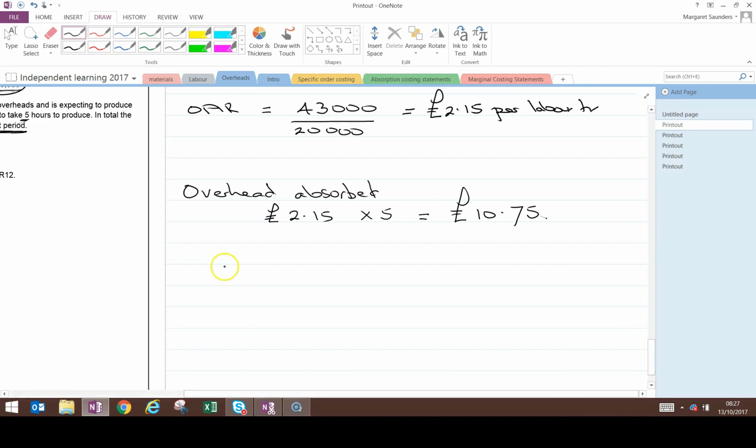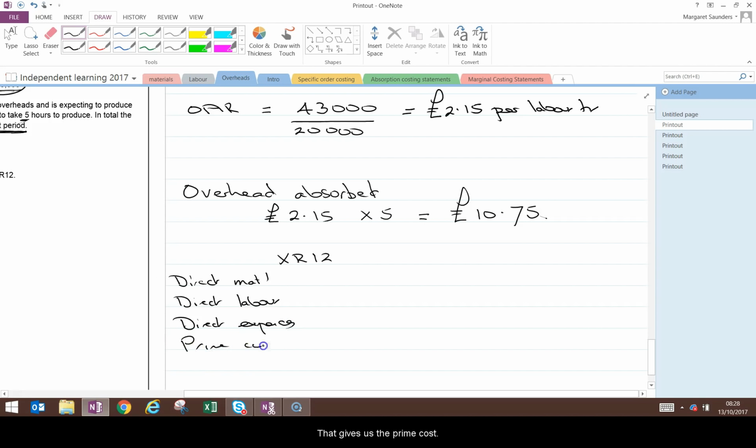So for the XR12, we would be looking for the direct material cost, the direct labour, the direct expenses. That gives us the prime cost.